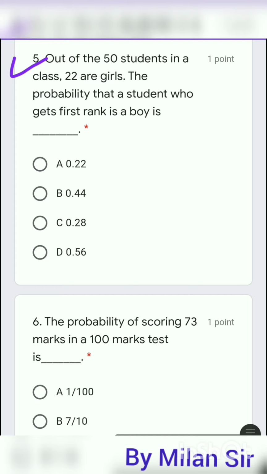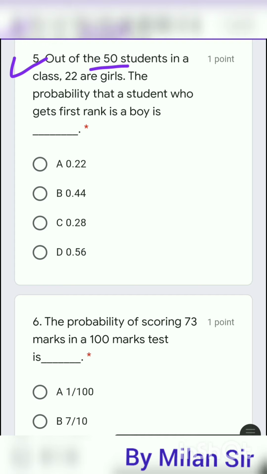The probability that a student who gets first rank is a boy is. We need to find the probability for a boy. So first of all we need to find how many boys are there in total.